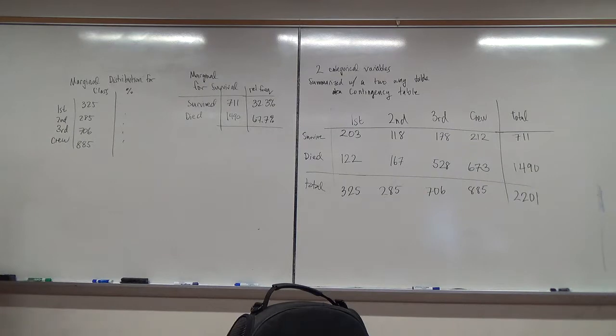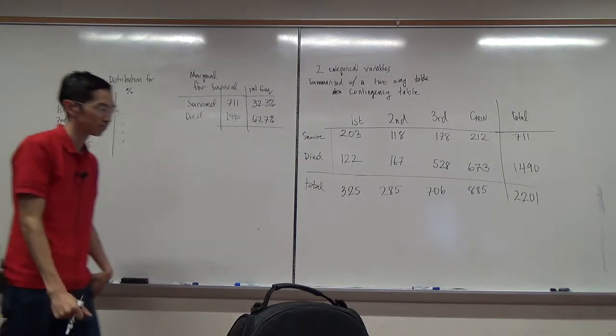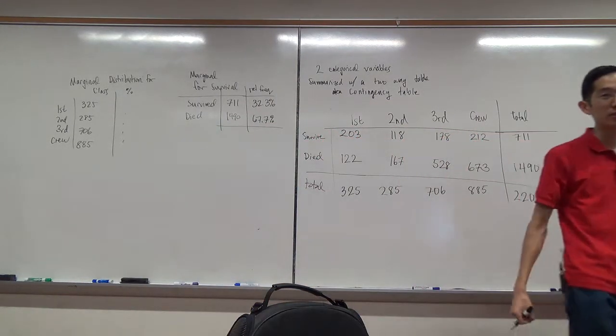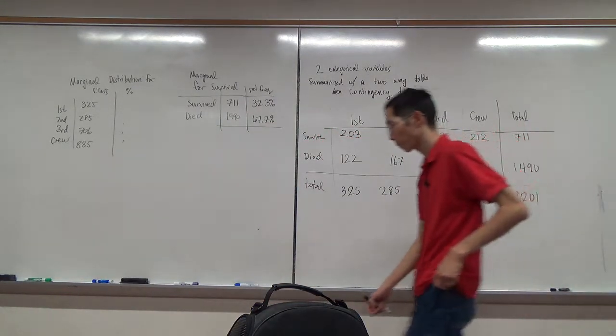So that would be the marginal distribution for survival. Fair enough?